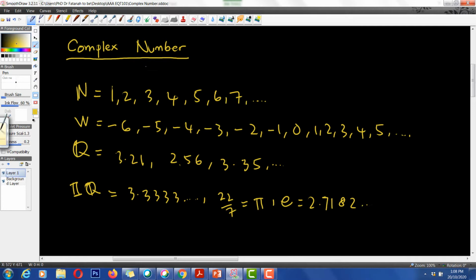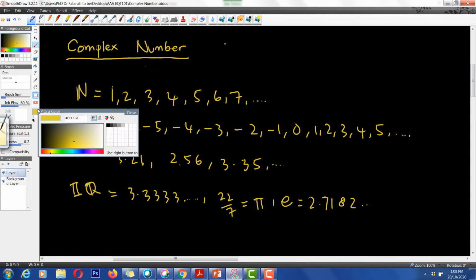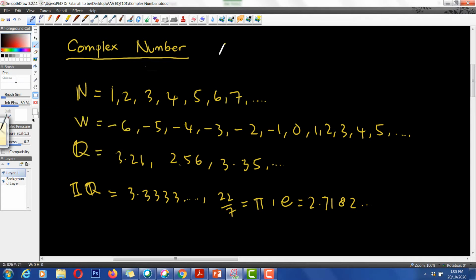So now we study complex numbers, which contain all these numbers. So what is a complex number? A complex number is a number in this form: a plus bi.